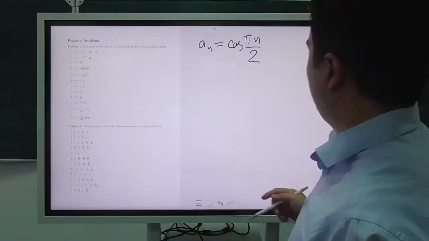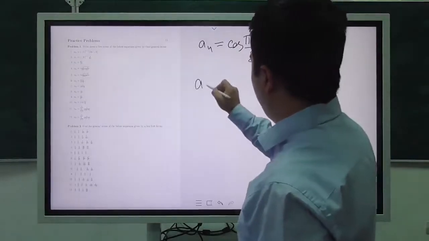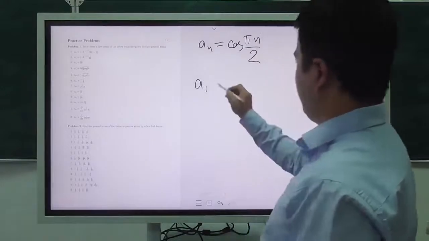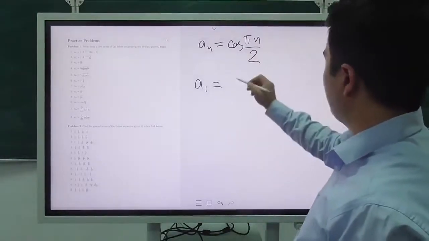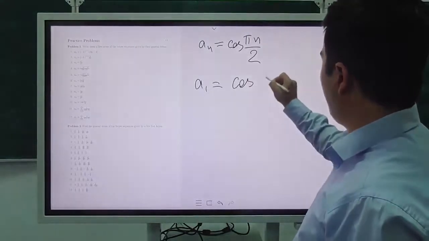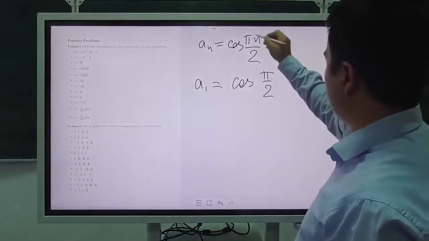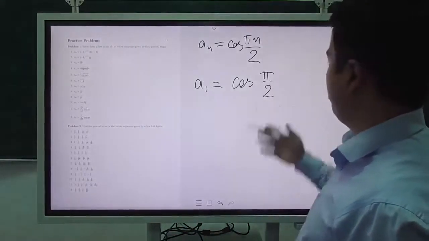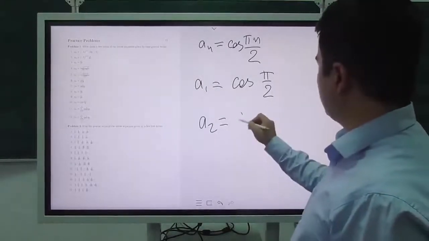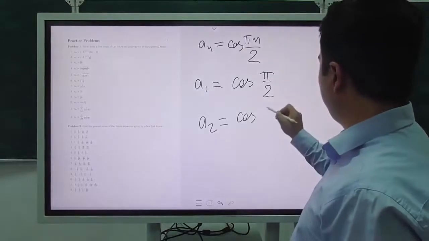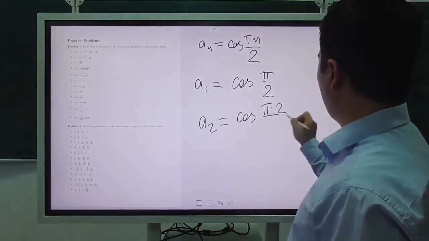I think it's clear. Here let's define the first term, a1. What is it? a1 is cosine pi over 2, because instead of n we need to put 1. a2 is cosine pi times 2 over 2.